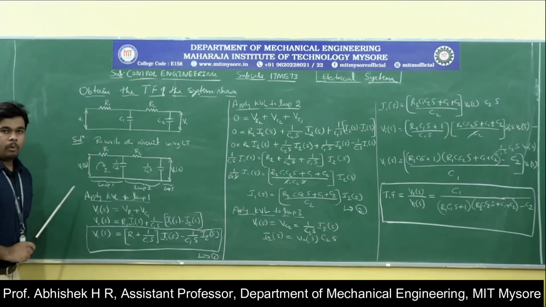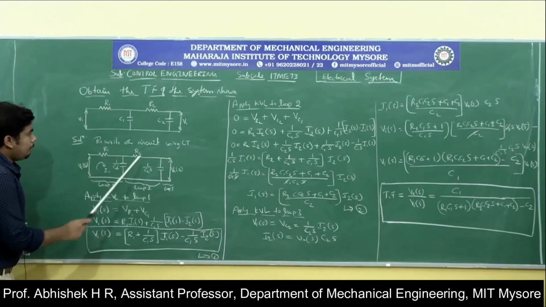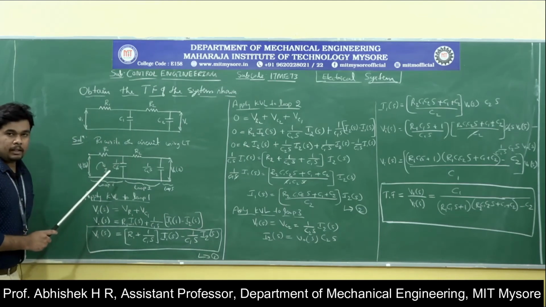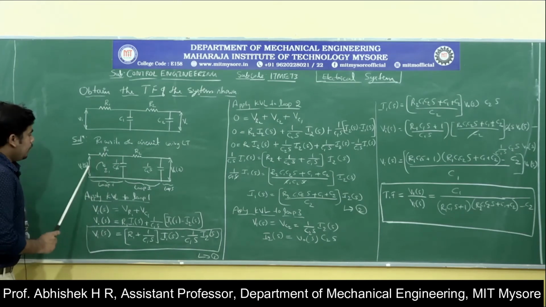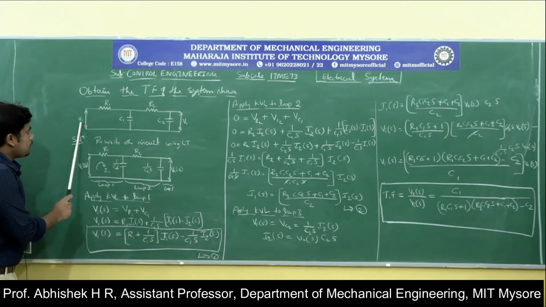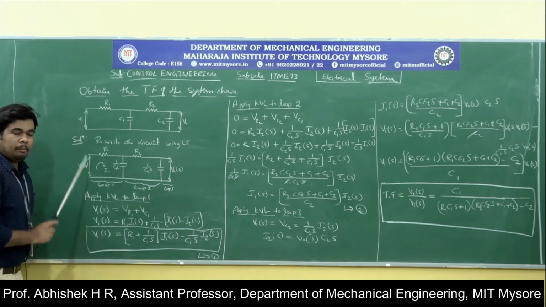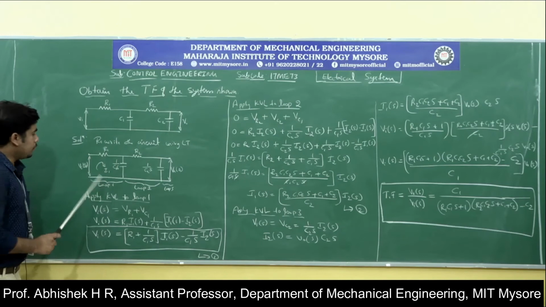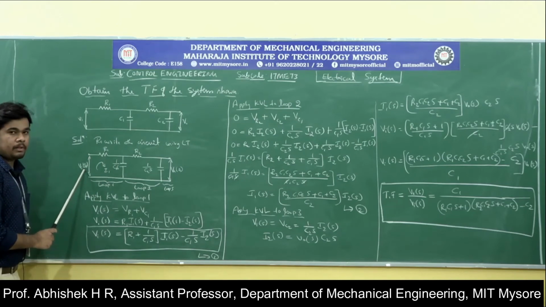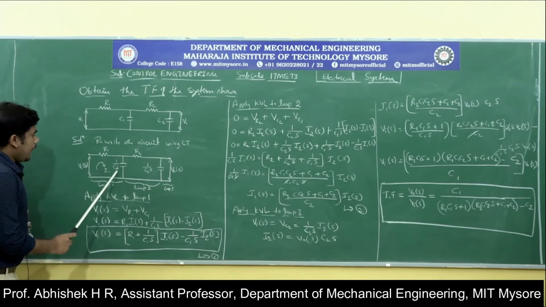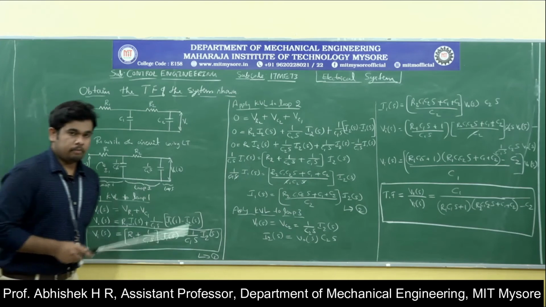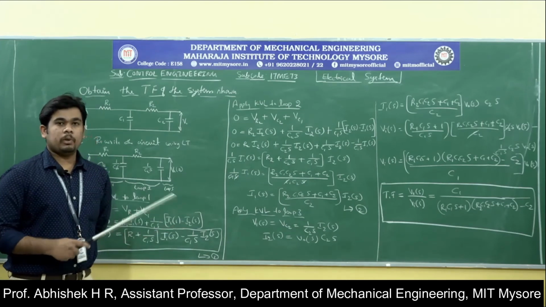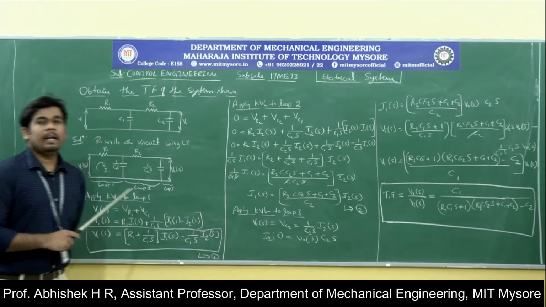In the first step, I will apply the Laplace transform to the electrical circuit and then rewrite the circuit. In place of Vi of t, the input voltage to the circuit, if I apply the Laplace transform, it becomes Vi of S. For a capacitance, the Laplace transform gives 1 by Cs.